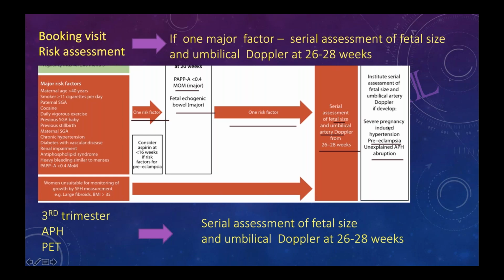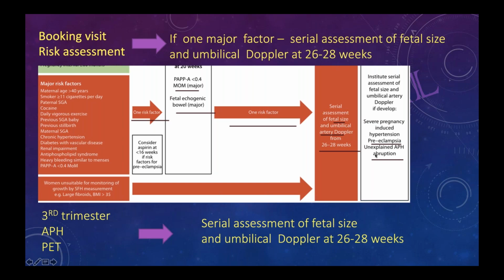Now one thing again, this was for the booking visit. Now in the third trimester, if the woman develops preeclampsia, understand, here it is third trimester preeclampsia in this pregnancy, then it becomes a major risk factor. And also abruption or APH in the third trimester.